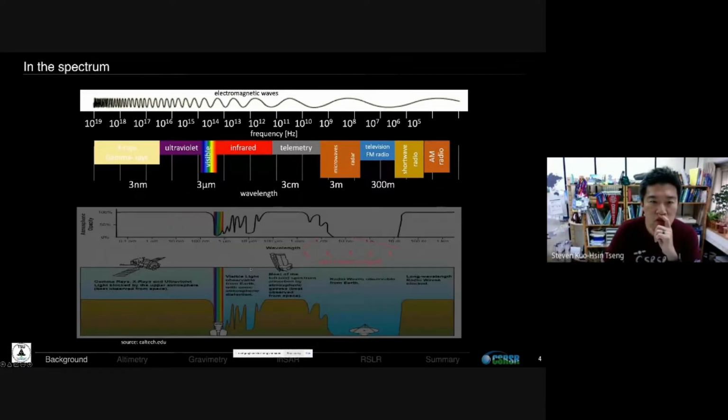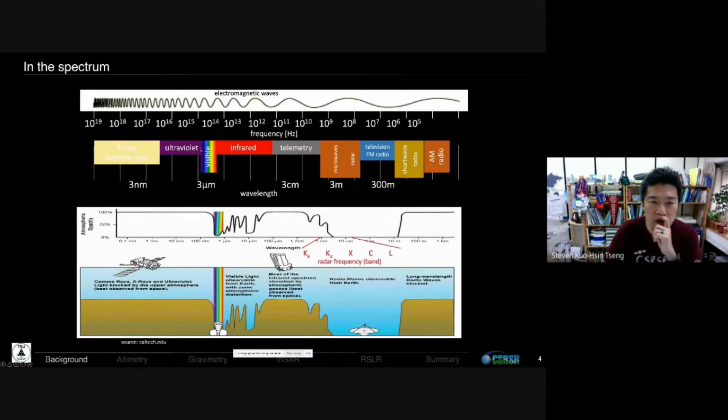So normally we do observe the surface of the Earth. For example, we want to see what is the vegetated area, what is the landslide, what is the developed area, to make some classification.